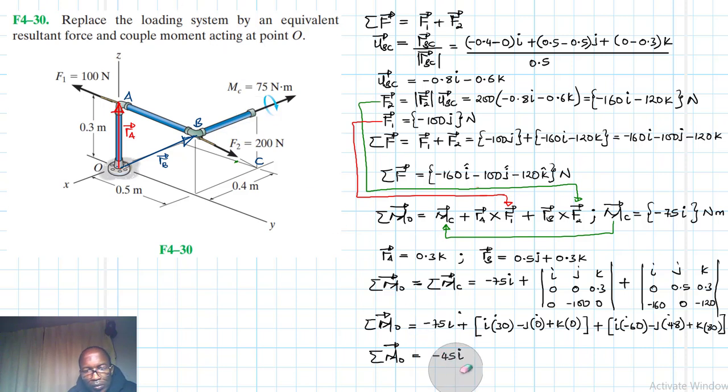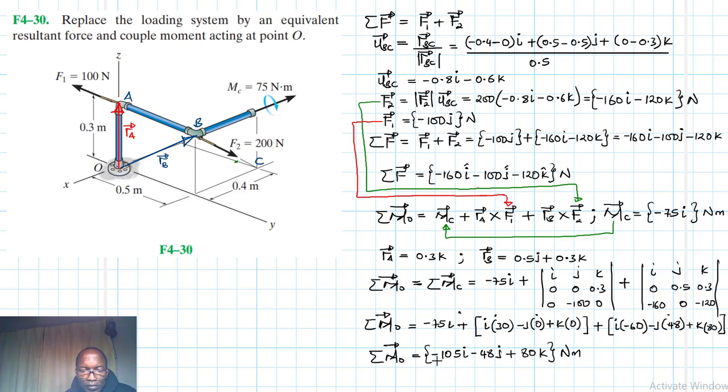There is another component, minus 75 plus 30 minus 60, that's minus 105 I, and then J, we have minus 48 J, then K, we have a plus 80 K. Alright, so this is the moment.